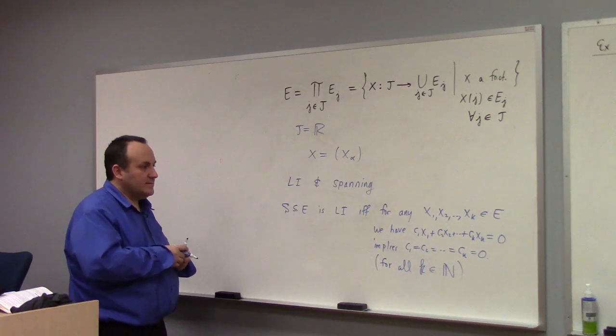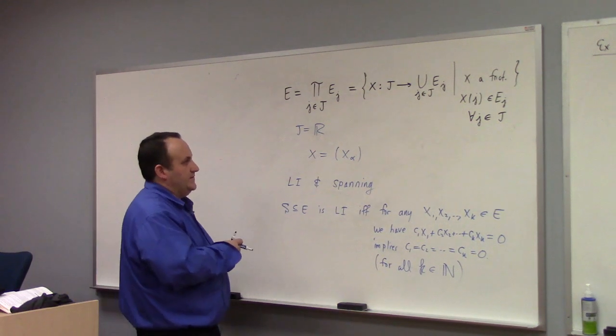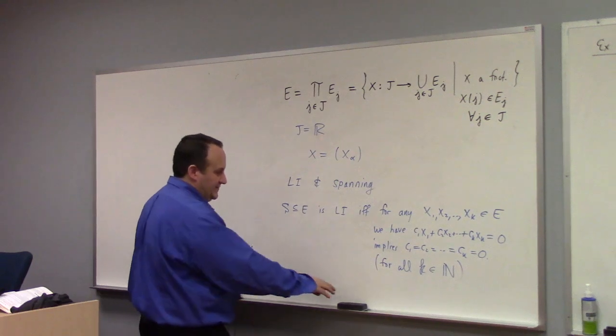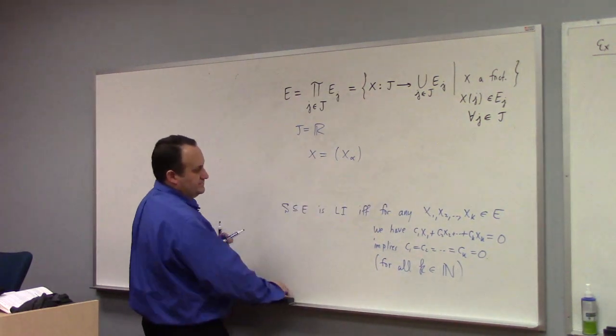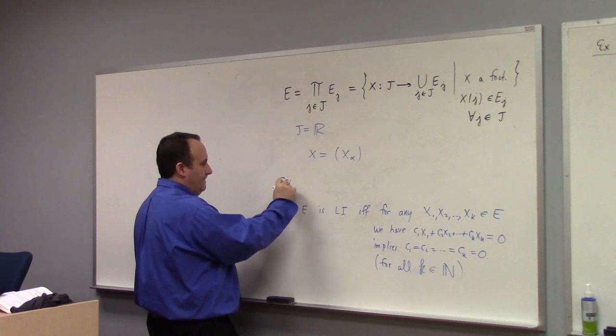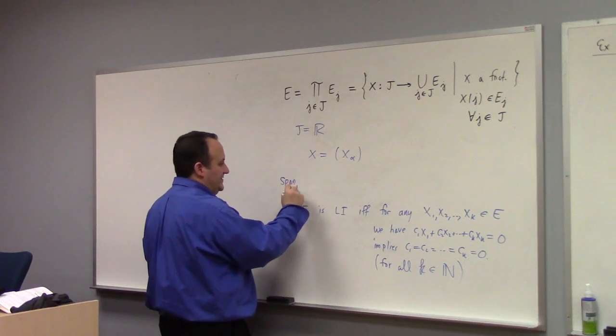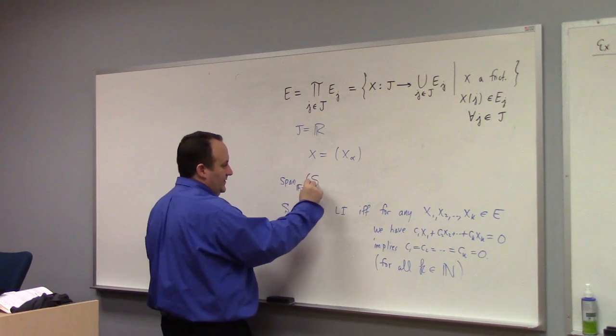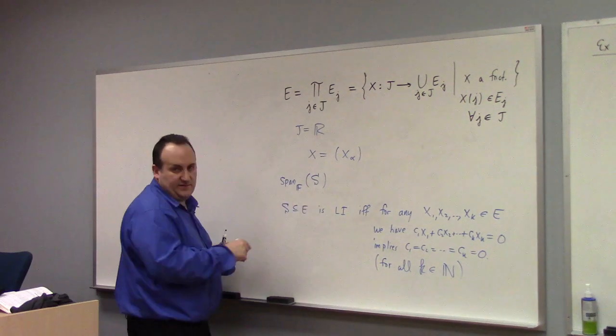What's spanning? So like the span, what would be the span of S? First of all, it depends on the scalars. If you want to emphasize that, you can write the set of scalars down here.